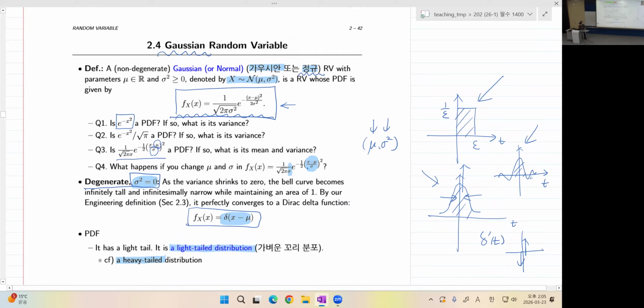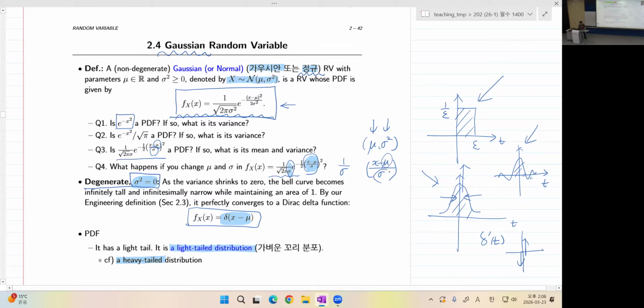And I prefer writing this way. You see, I have taken sigma square out of the square root, and I have grouped x minus mu divided by sigma in the exponent. Why? Because if you shift the value of mu, then nothing changes in the coefficient.